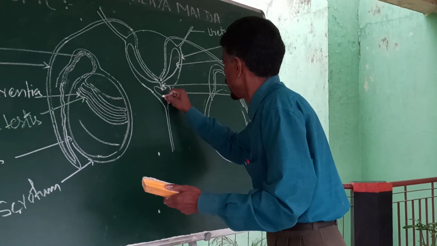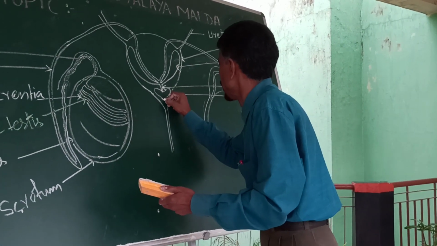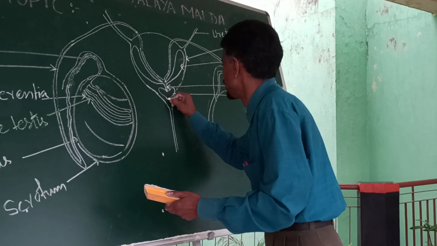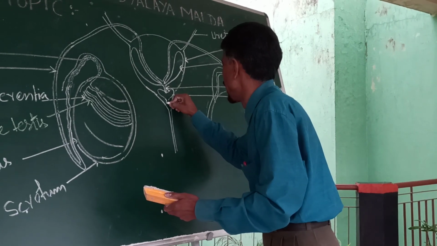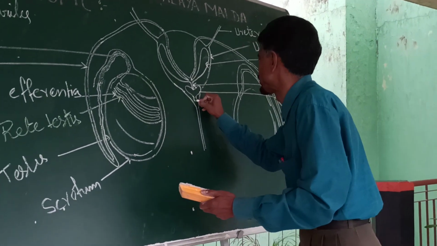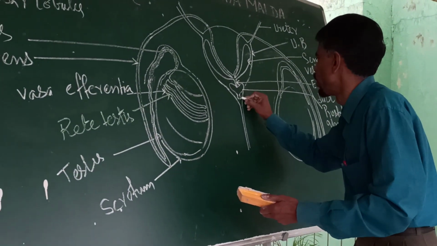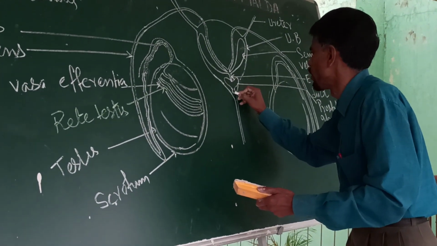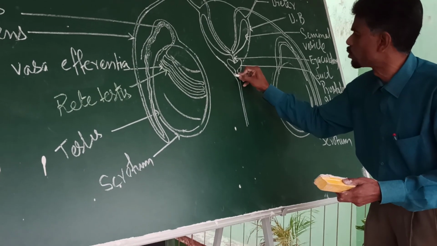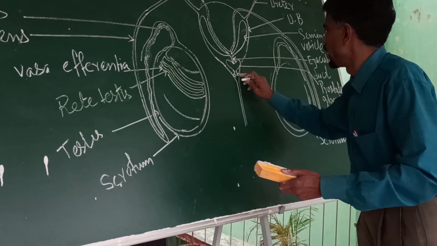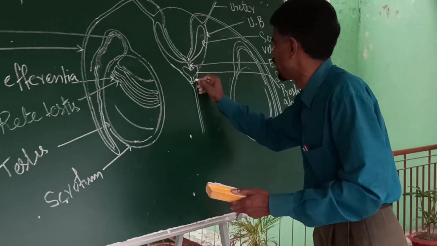Now another pair of glands, one from each side, small in size. This one, this side, will also join here.